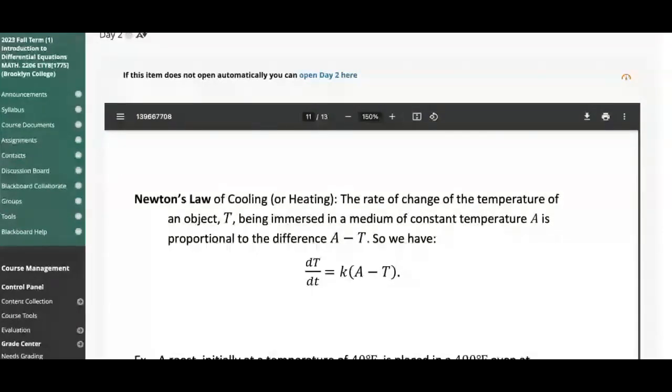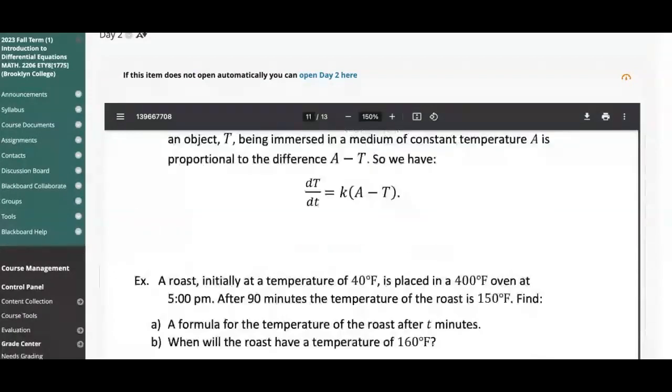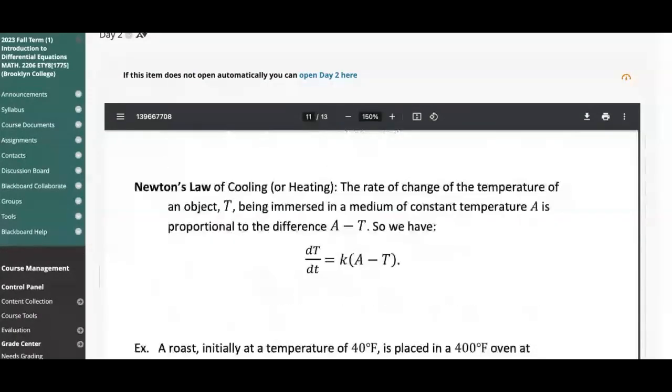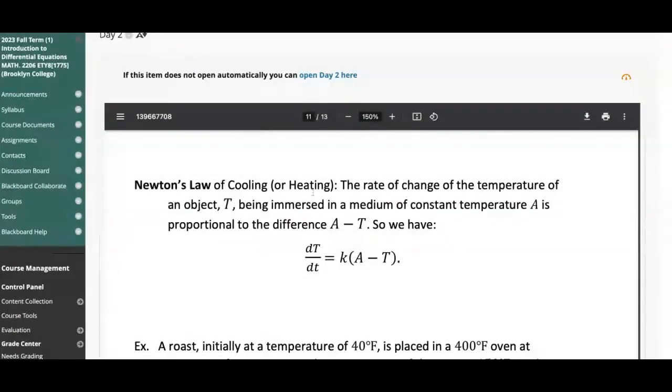Okay. Newton's law for cooling or heating.